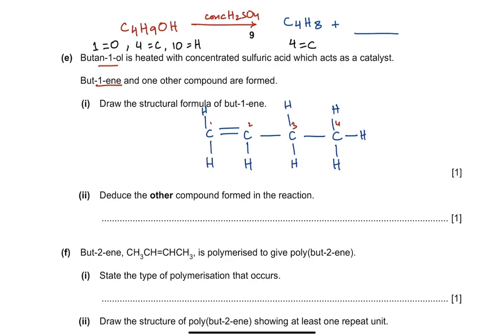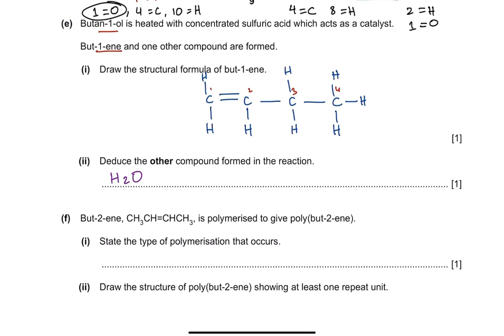We had 10 hydrogens in butanol, but only 8 hydrogens in butene. So we need 2 hydrogens and 1 oxygen in the other compound. So we get H2O, and this reaction is known as elimination, or dehydration.